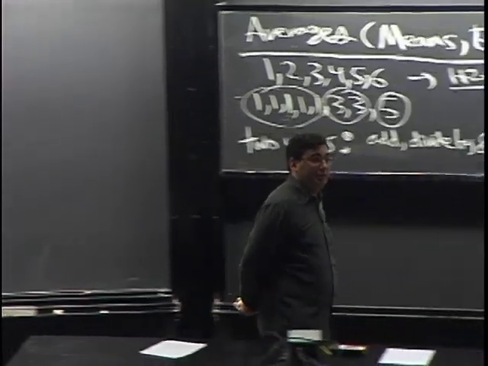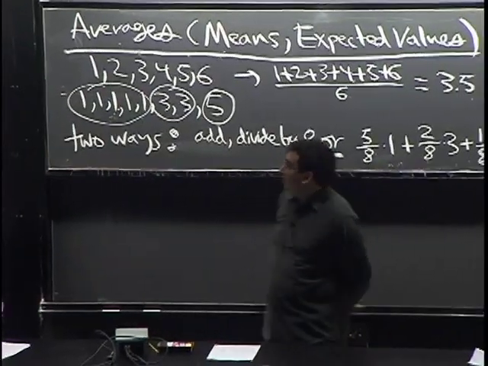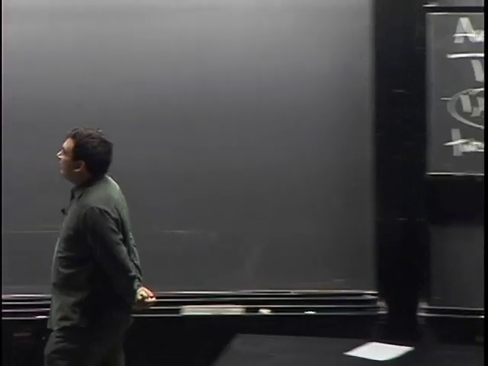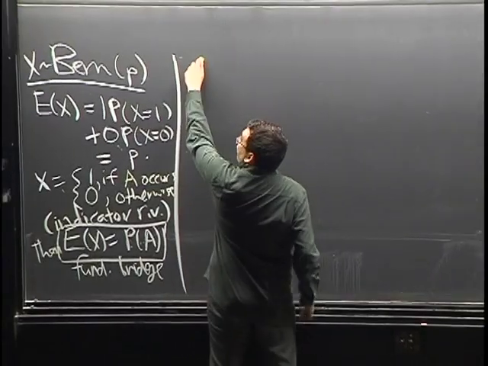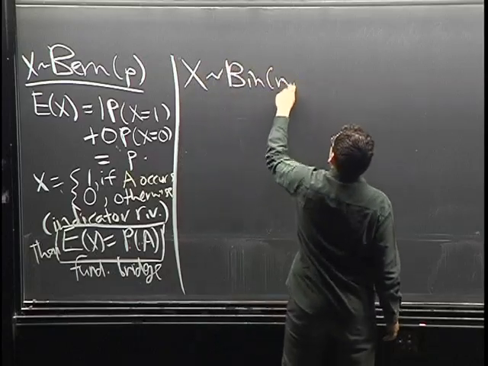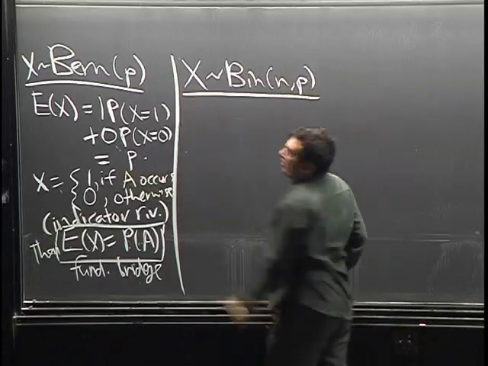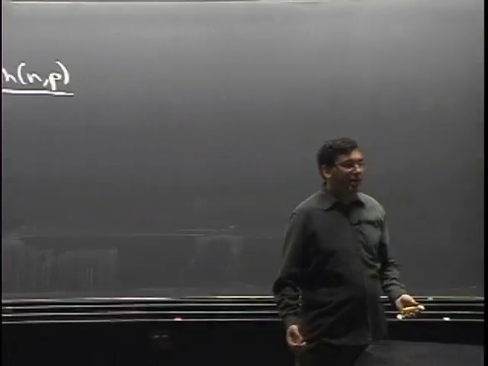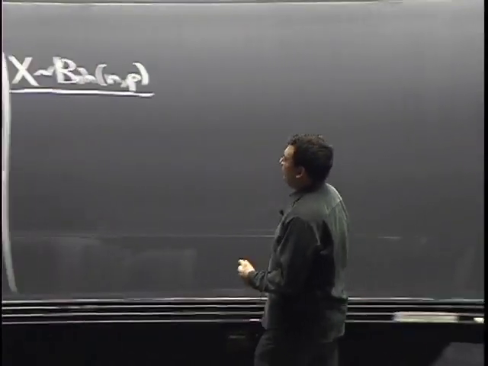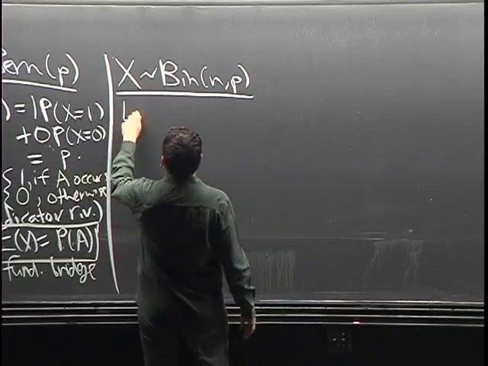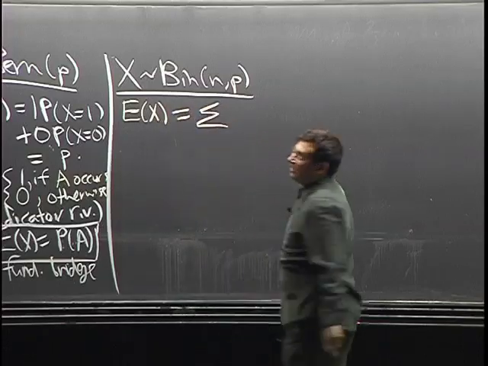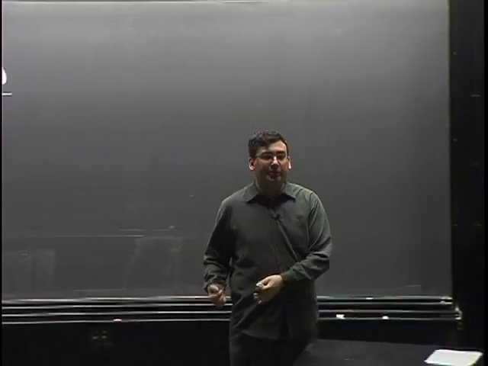So that's very useful. All right, let's do a harder example than the Bernoulli. The obvious next one to try would be the binomial. First I'll write down the definition and we'll work it out, but then I'll show you that actually there's a much better way to do this problem. But it's good to see more than one way to do it. So we want the expected value of a binomial. Again, I'm just going to write down the definition: sum of value times the probability of value.